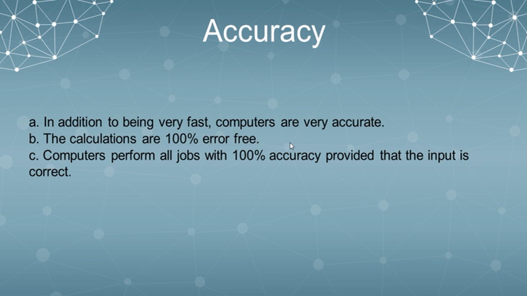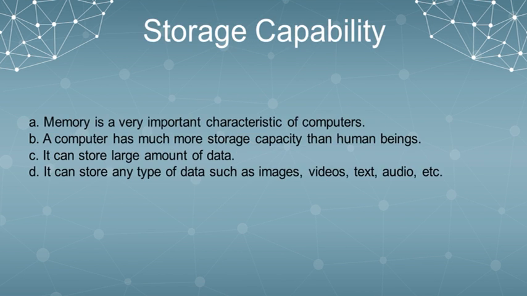It means whatever work we give to the computer, for example a calculation or some activity, the computer can perform that task without error. Next, a computer performs all jobs with 100% accuracy, provided that the input is correct. If our input is correct, the computer can perform the work with higher accuracy.